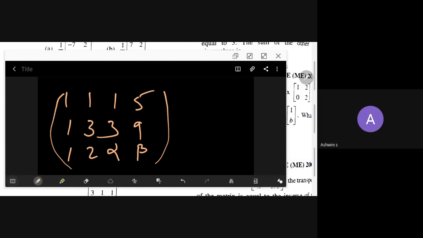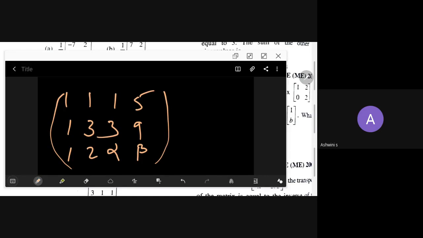Probably the last choice is correct: 7, 2.